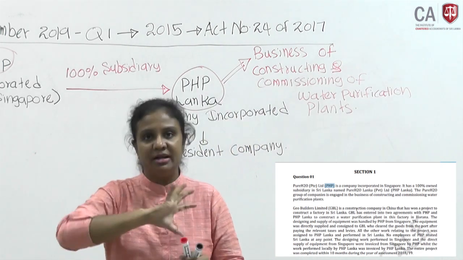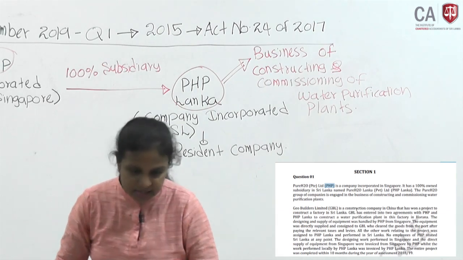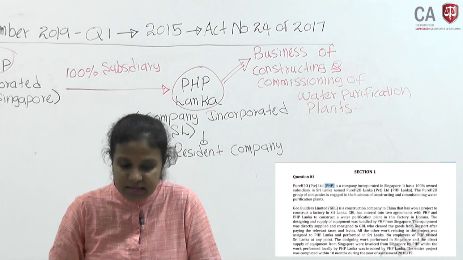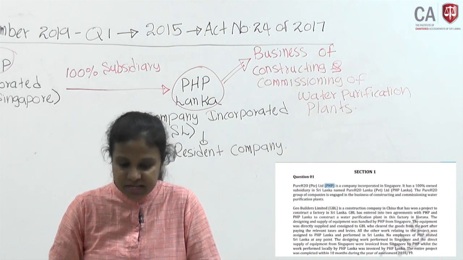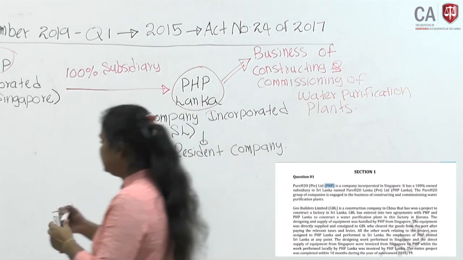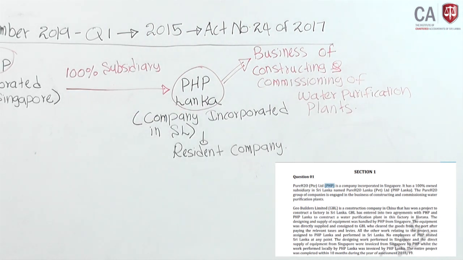Now, the first paragraph analyzed. Second, there is another company, GEO Builders Limited, GBL, a construction company in China. This is my second situation. What is this GBL?